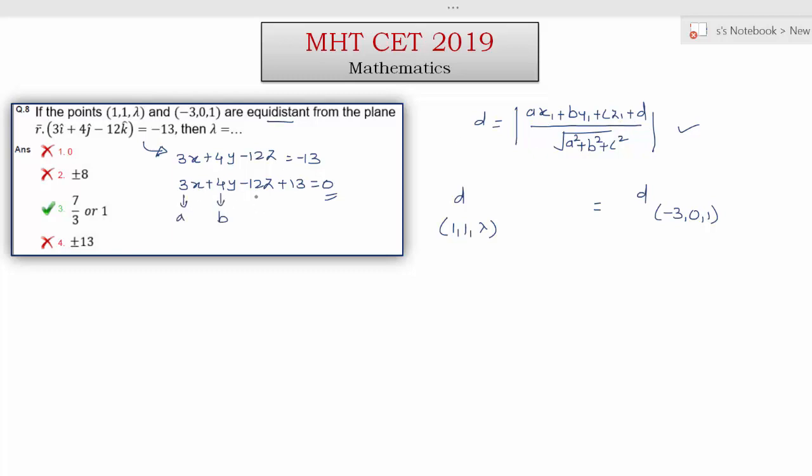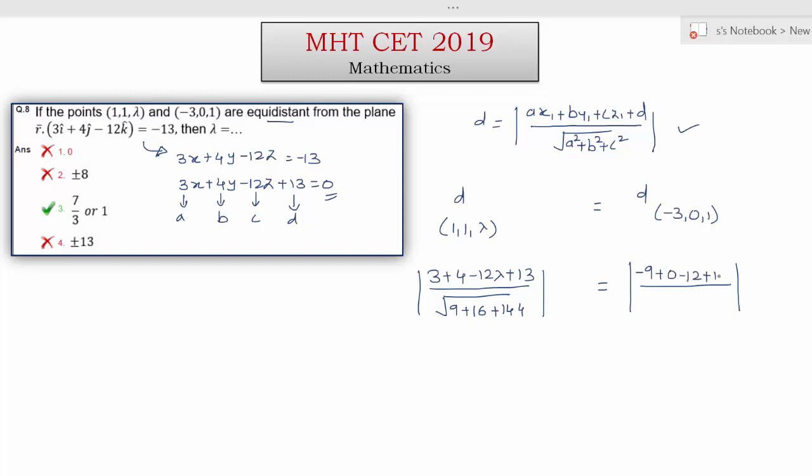So we get LHS as ax1, that is 3 plus 4 minus 12 lambda plus 13, divided by under root 3 square 9 plus 16 plus 144. On the RHS, minus 3, 0, 1 is the point, so minus 9 plus 0 minus 12 plus 13, divided by the same root of 9 plus 16 plus 144.